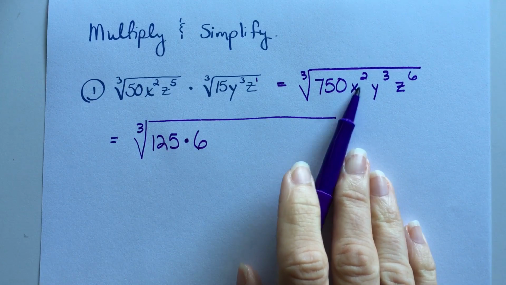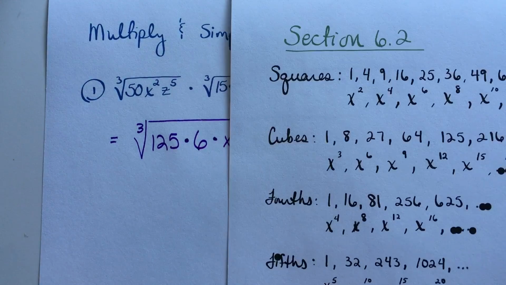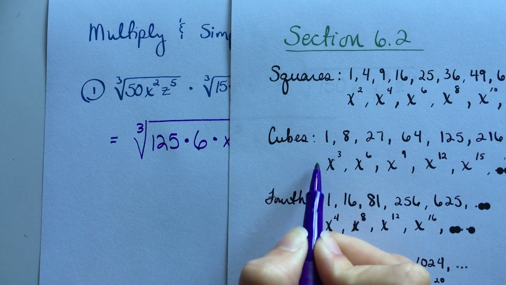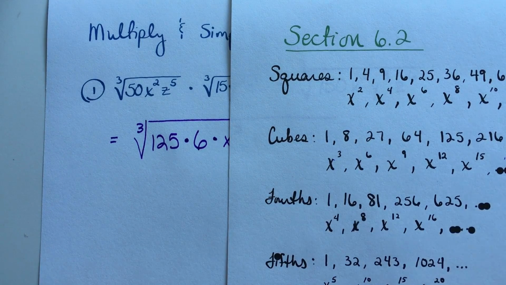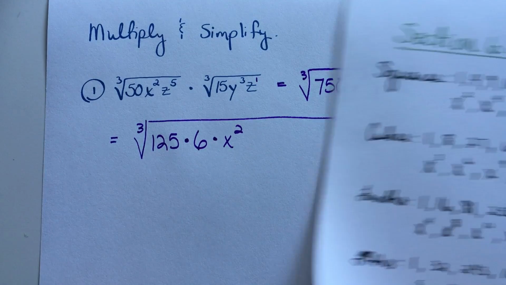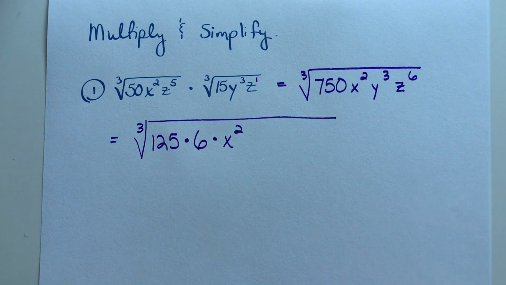Now, there's not going to be anything that we can do with the x squared, because remember, if we're looking at cubes, a third power is the first thing on the list. So if it's a second power or a first power, remember that you can't break it down, you just leave it like it is. All right, next I have y to the third. Well, see, that's already on your list. That's a perfect cube.